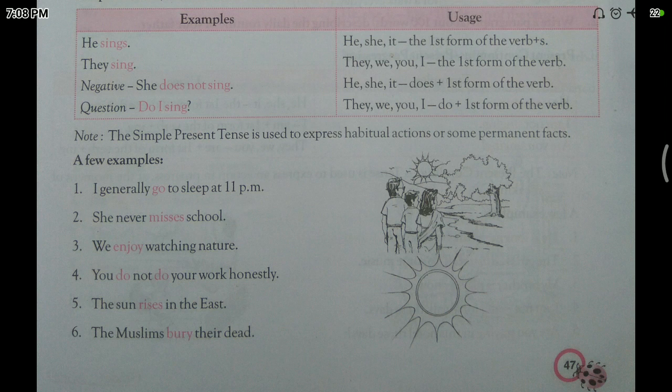Similarly, they play, we play, you play, I play. Then negative: she does not play, he does not play, it does not fall, and they do not play, we do not play, you do not play, I do not play.